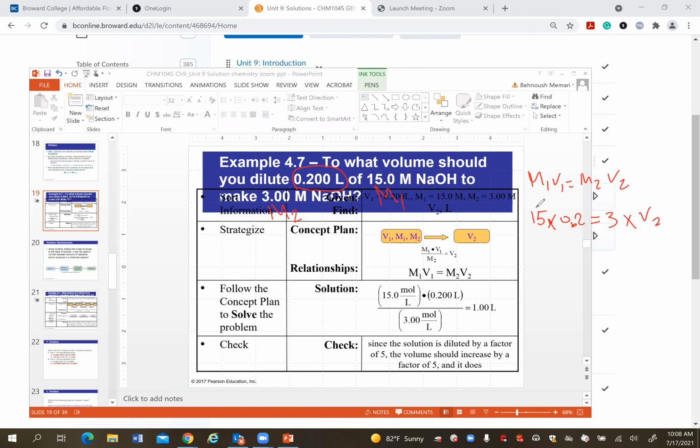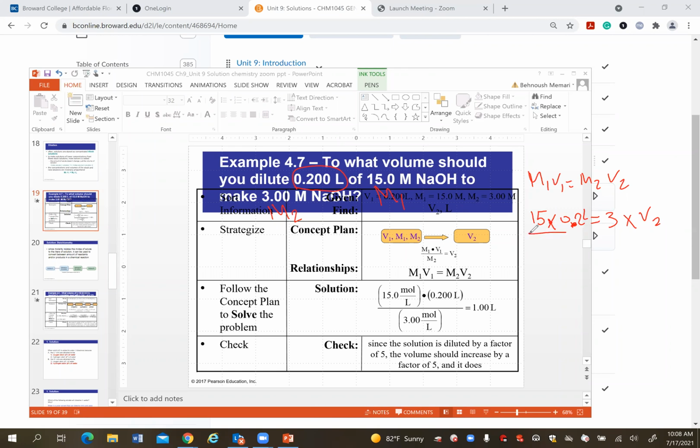The units must be the same on both sides. If I use liters here, the volume that I'm going to calculate is going to be in liters. If I have milliliters, the volume that I will be calculating would be in milliliters also.